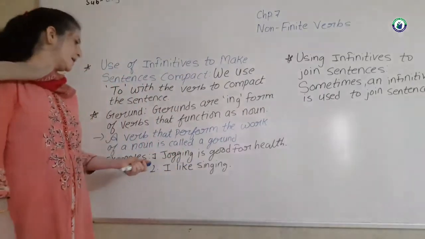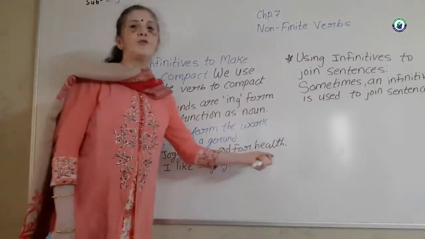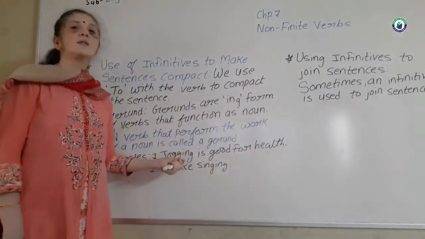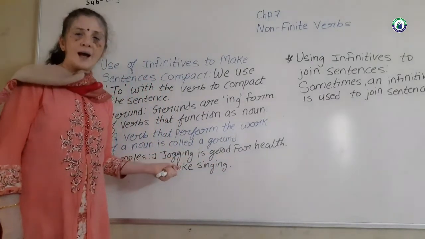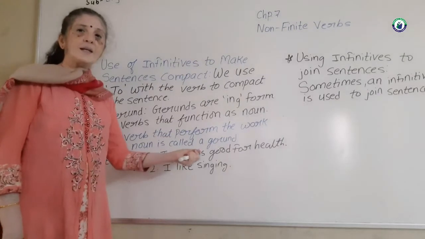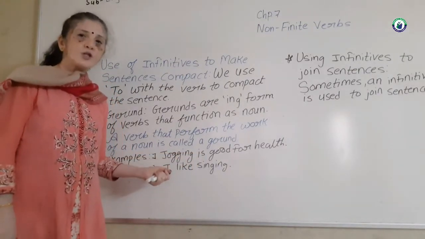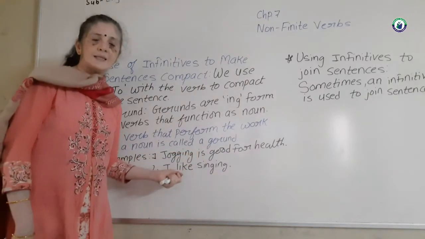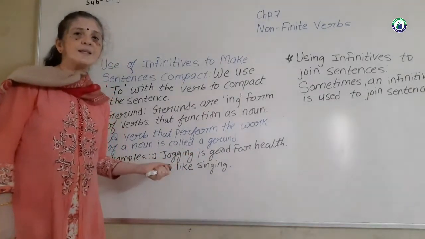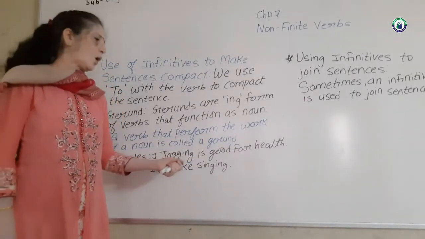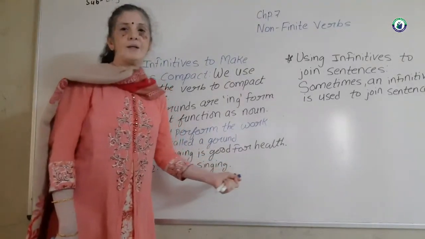For example, jogging is good for health. See here, jogging is verb with the ing, and it is performing the action of the subject of the verb is. So here it is acting like a noun. So jogging is called a gerund.